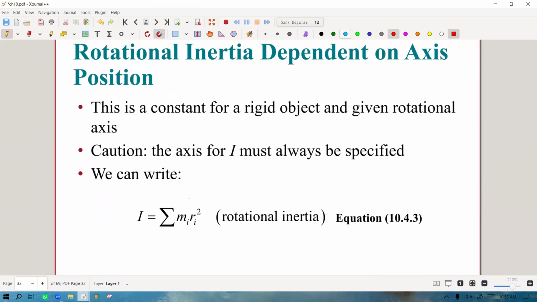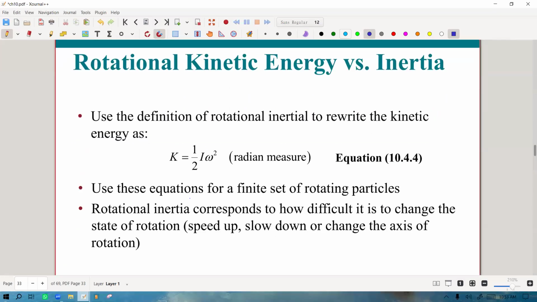This is a constant for a rigid object and a given rotational axis, and can be written as I equal to the summation of m_i r_i square. For kinetic energy in rotational form, we use the definition of rotational inertia to rewrite it. So in conclusion, we get K equal to half I omega squared.